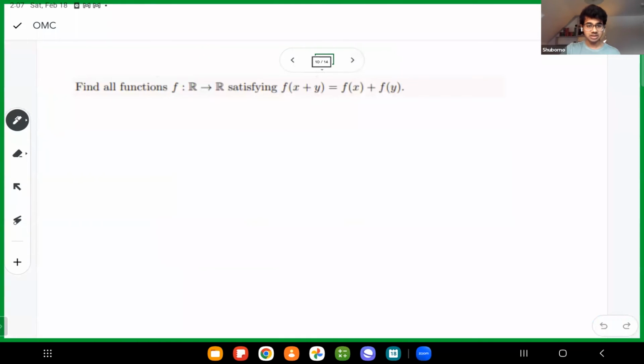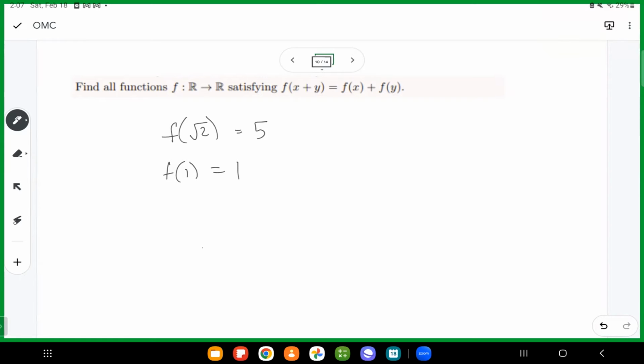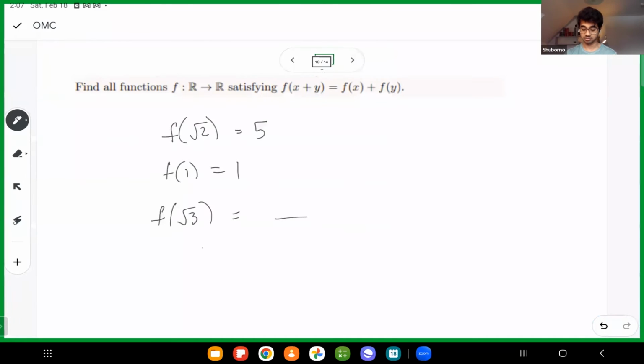Let me just put it like this. Suppose we had f of root 2 is 5 and f of 1 is 1. There would be no contradiction in these two statements. Is that all right? Similarly, f of root 3 and f of pi can be anything.